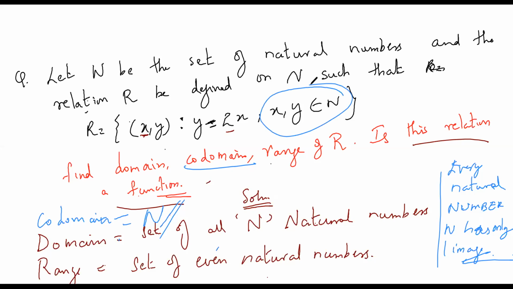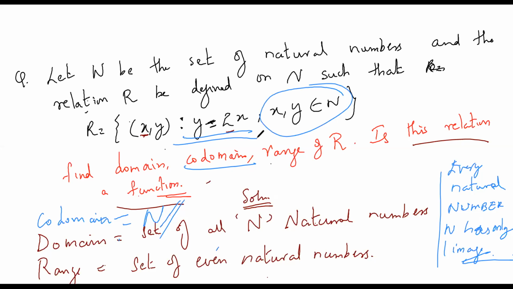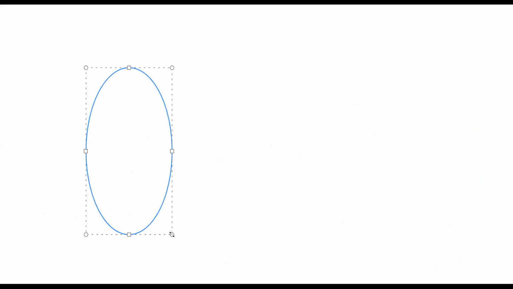So you might be thinking, as I told you last time, some of you may have doubts. Okay, y is actually having even natural numbers. Then how can this be the full natural numbers? For that, if you have any doubt, just draw these two tables. 1, 2, 3, 4, 5, 6, 7, 8.